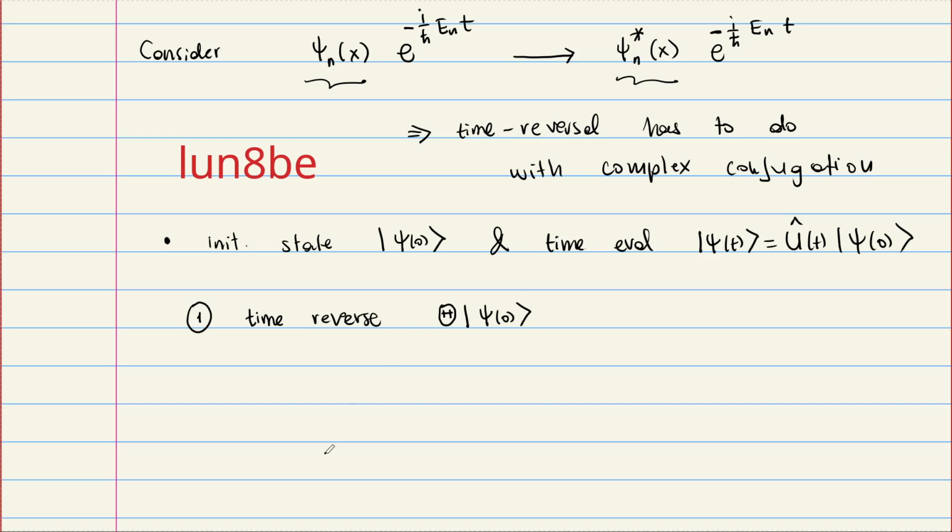So I time reverse at t equal to 0 and evolve forward. And this is going to give me U of t, an operator hitting on this initial condition. Okay, so this is one thing.